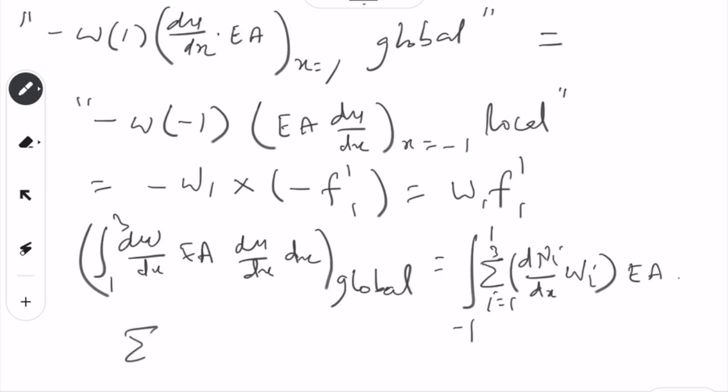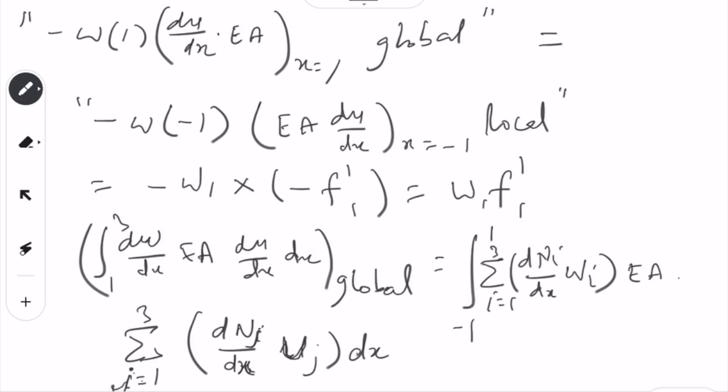So, again another summation of i equal to 1 to 3, dNi over dx, or you can say j now, and then you have uj and then dx.